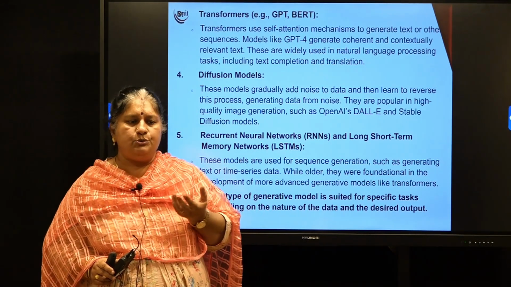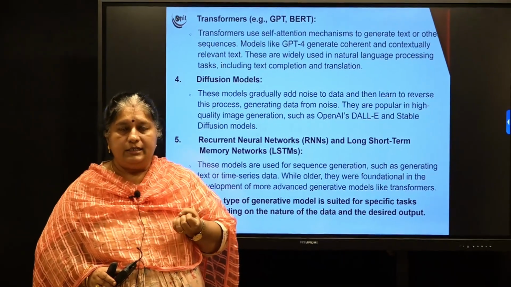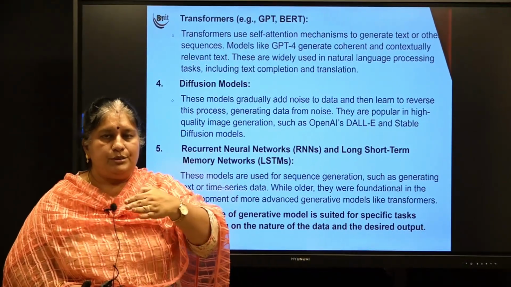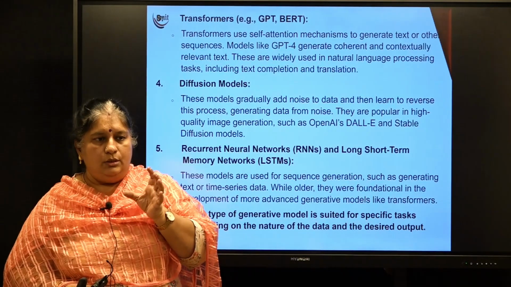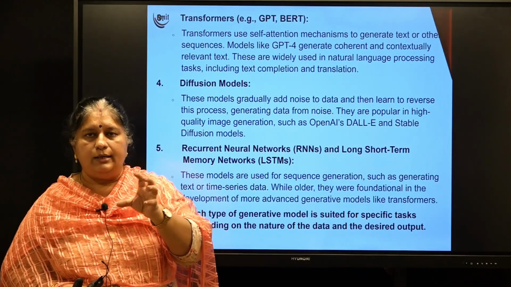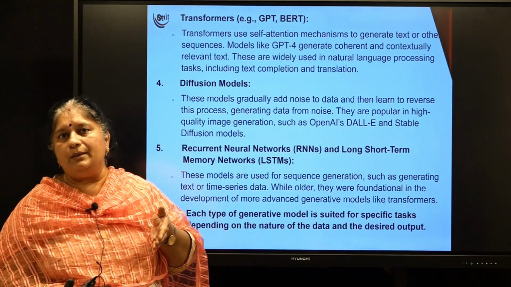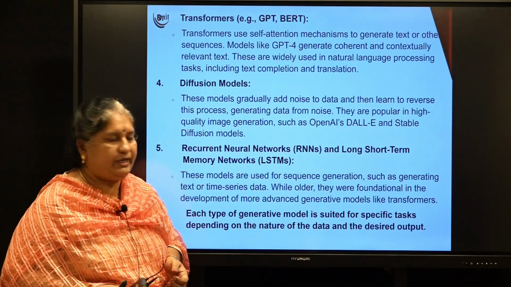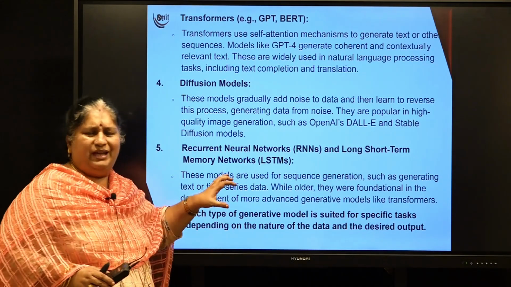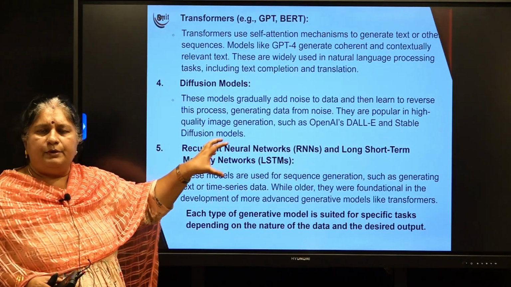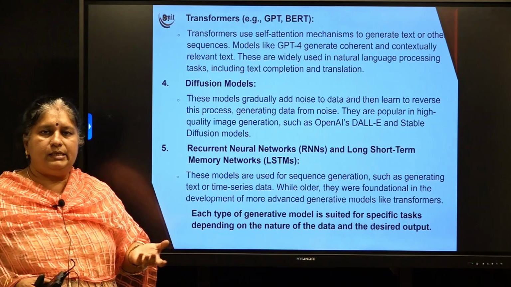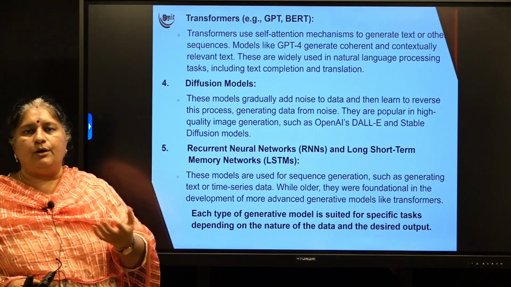Whenever you are working with subtitle generation, or maybe continuous audio generation, you are trying to generate data which has to come in a proper sequence. In such cases, we use these types of generative AI models. So various models are there, each performing a specific task. Which one I should use obviously depends on the type of task you are dealing with.